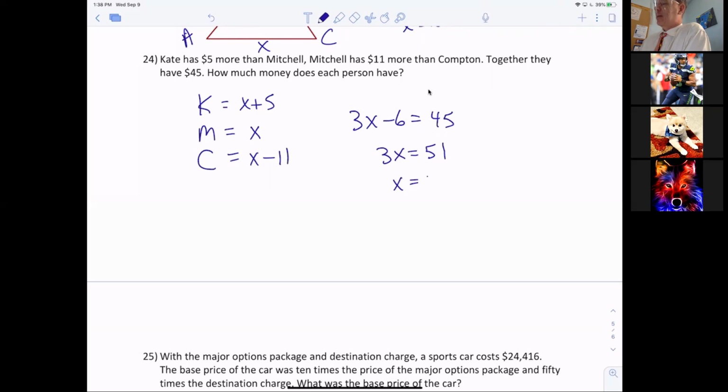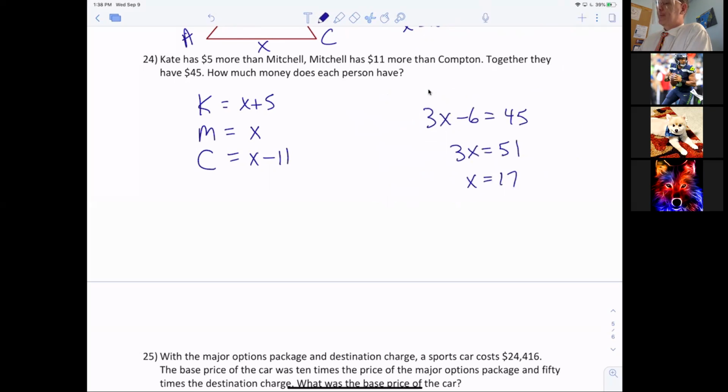That's what I thought you said. All right, so now tell me who has what. So K has 42. Good. M has 17. And C has 6. All right, easy enough, guys, right?